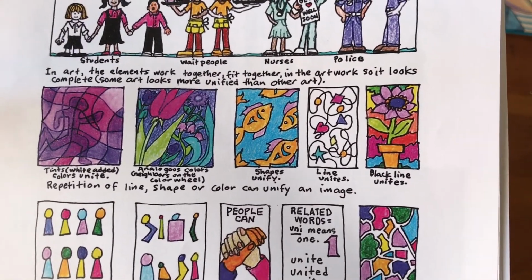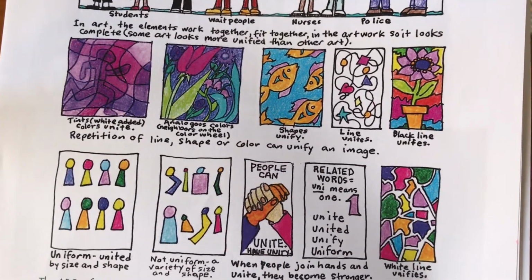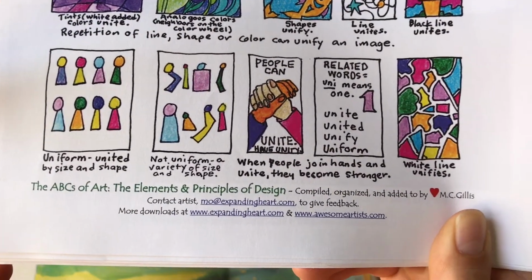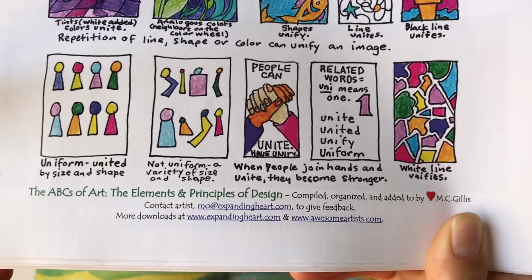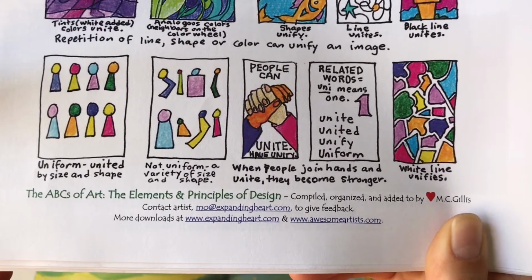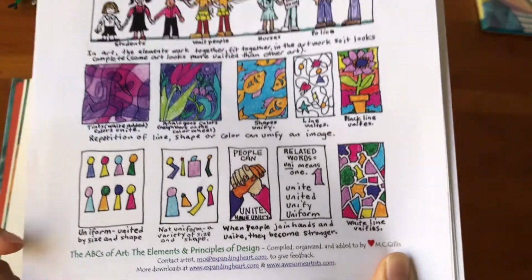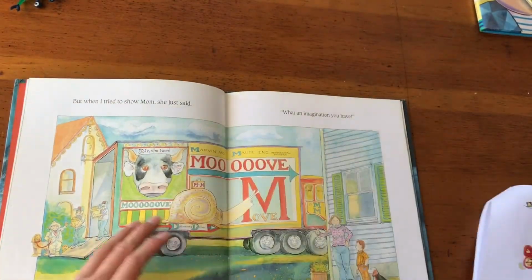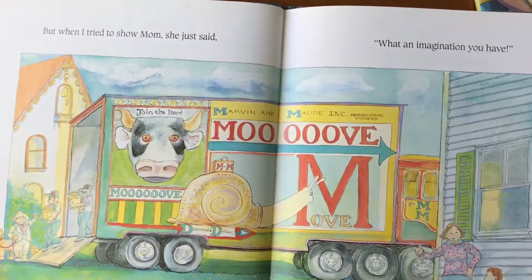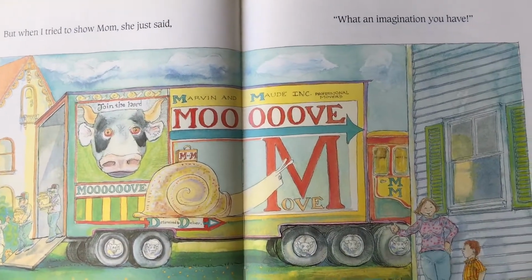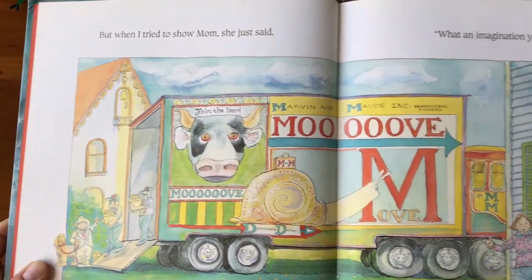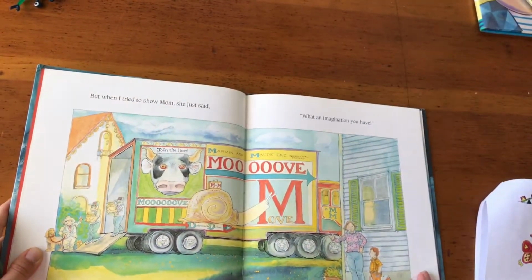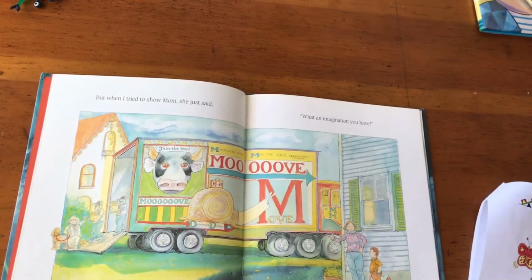Some art looks more unified than others. Now let's see if we can identify any unity in this illustration. Maybe even emphasis, pattern, variety.